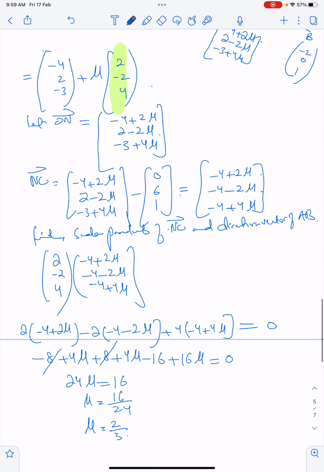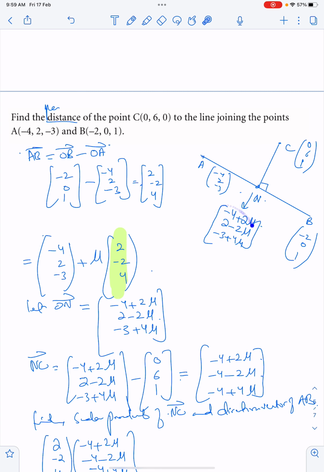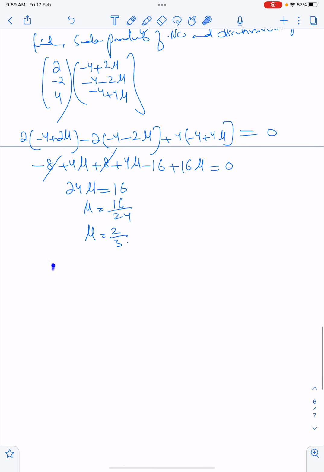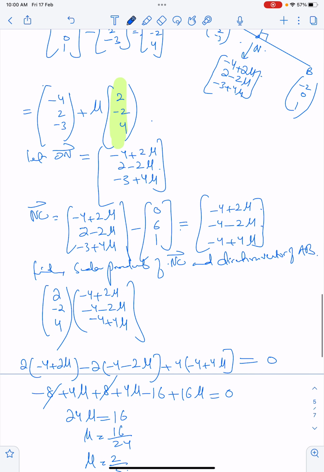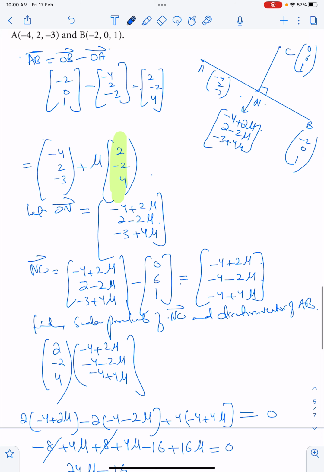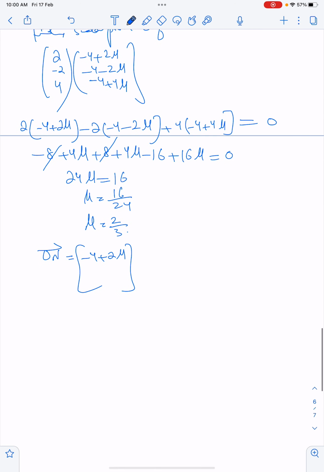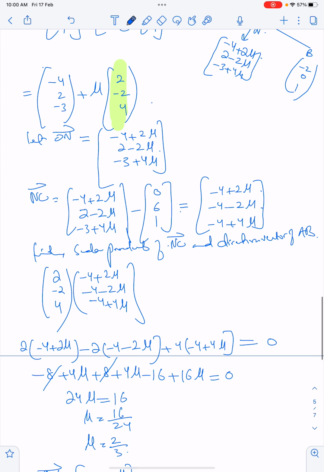Okay, if you plug in 2 upon 3 into this point, you will get the coordinates of N. Okay, ON is going to be (-4 + 2mu, 2 - 2mu, -3 + 4mu).